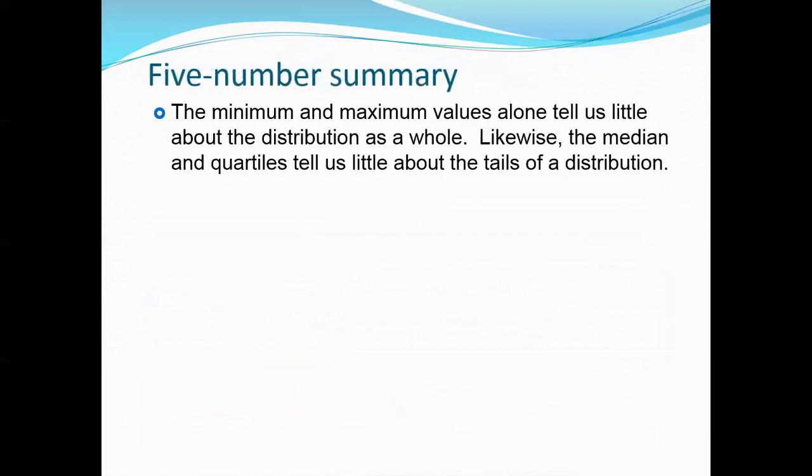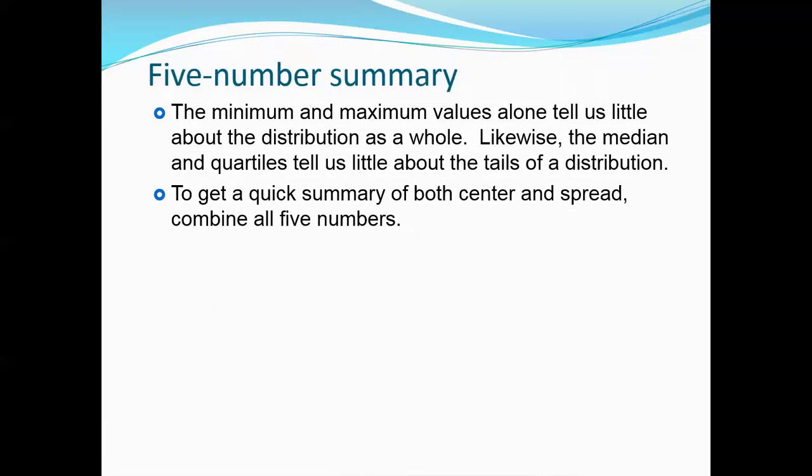5-number summary. The minimum and maximum values alone tell us little about the distribution as a whole. Likewise, the median and quartiles tell us little about the tails of the distribution. To get a quick summary of both the center and spread, combine all 5 numbers.